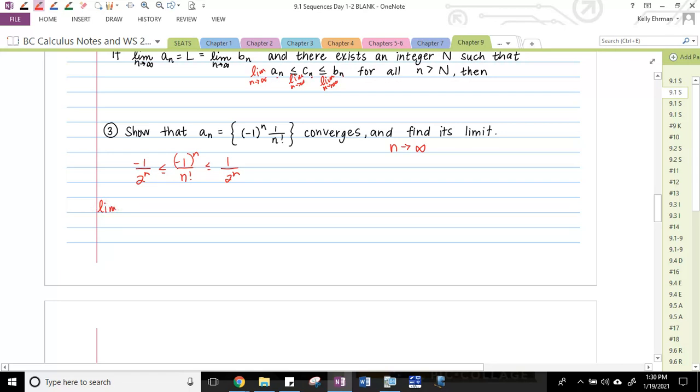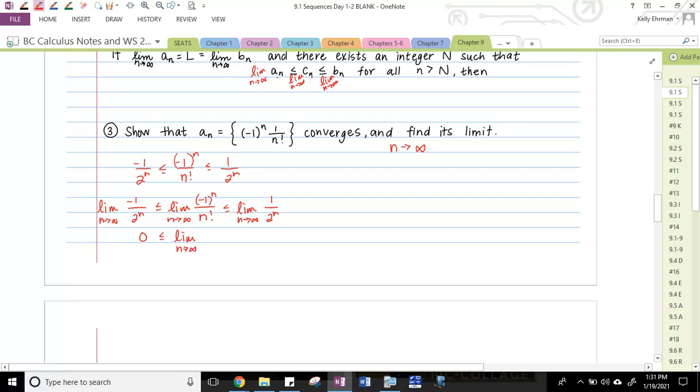Because I know the limit as n approaches infinity of -1 over 2 to the n can tell me about the limit as n approaches infinity of -1 to the n over n factorial, and that can tell me what I know about the limit as n approaches infinity of +1 over 2 to the n. The limits on the ends are both 0. Those are bottom heavy. 1 divided by infinity, -1 divided by infinity. We are sandwiched between 0.